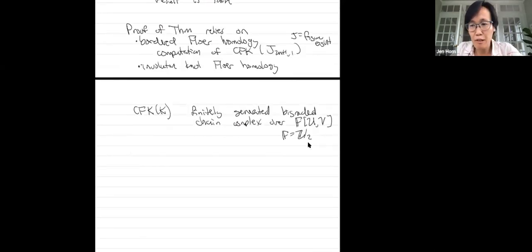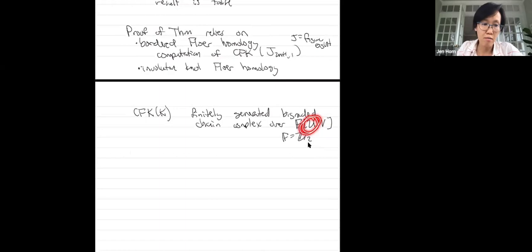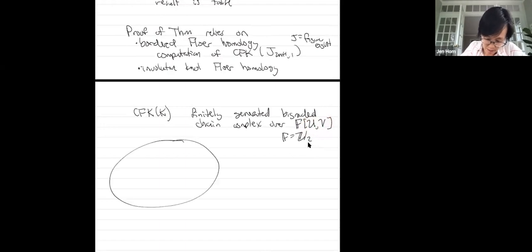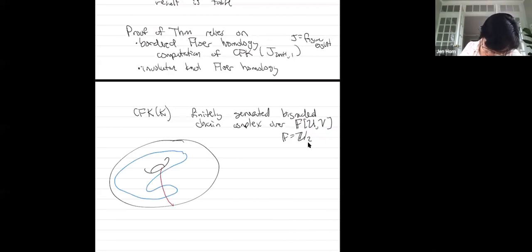Right, so these things are defined in terms of a doubly pointed Heegaard diagram, and so you're counting some pseudo-holomorphic disks, and you should think about one of your variables counting how many times you cross your first base point, and the other variable counting how many times you cross your second base point. So as an example, here's a doubly pointed Heegaard diagram.